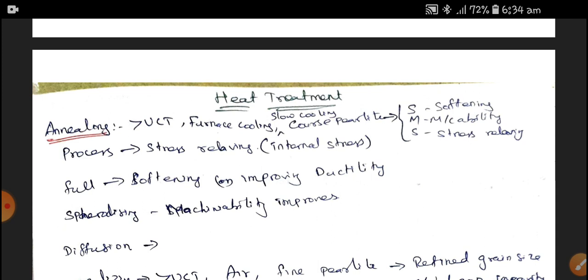It is the process of softening or improving ductility in a material. Spheroidizing is the process of improving machinability. Therefore, if we do this annealing process, we can improve softening, machinability, and stress relieving in our materials.